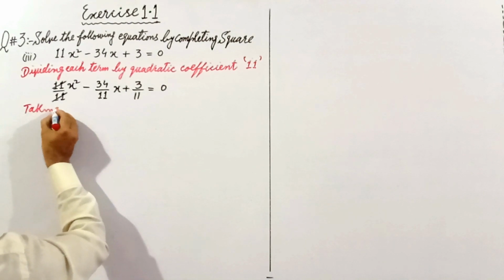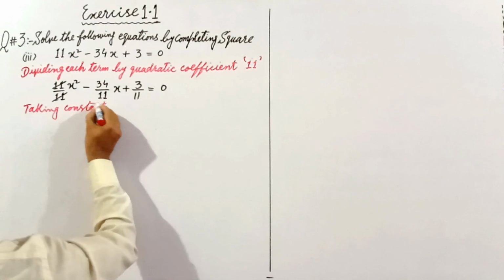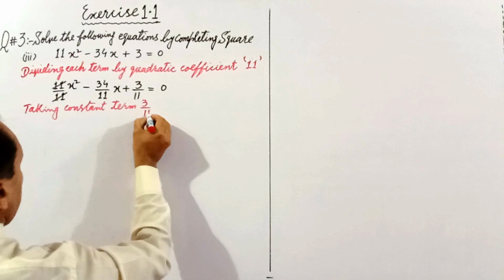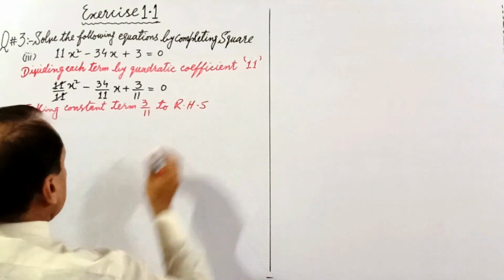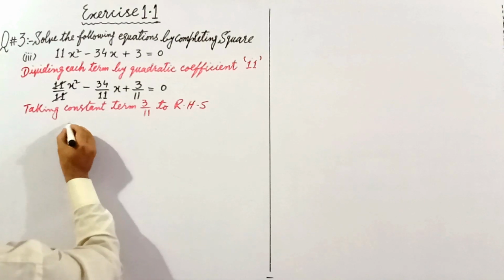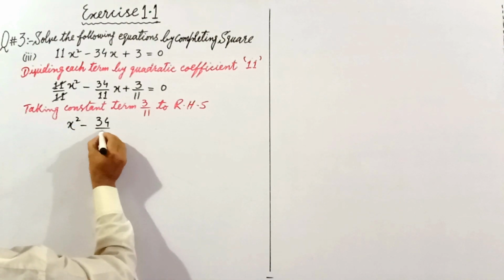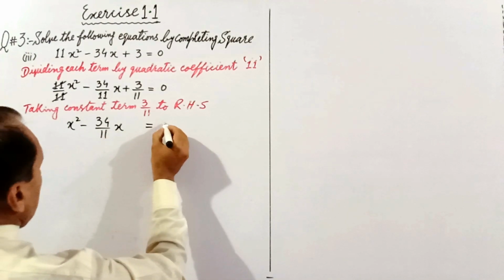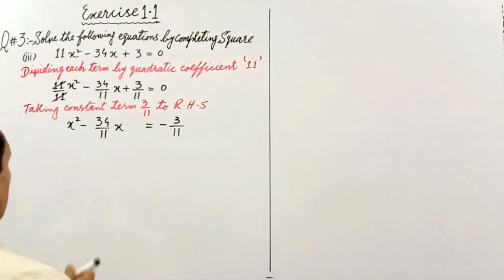Taking constant term 3 over 11 to right hand side, we have x square minus 34 over 11 x is equal to minus 3 over 11.